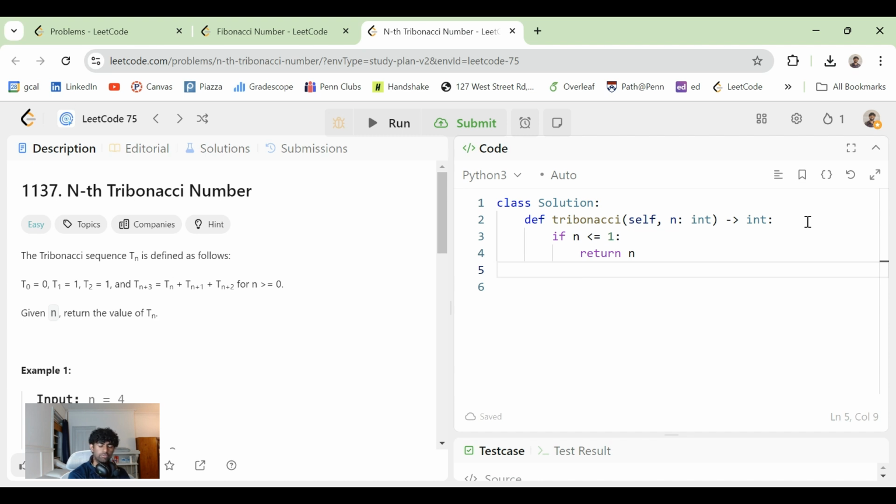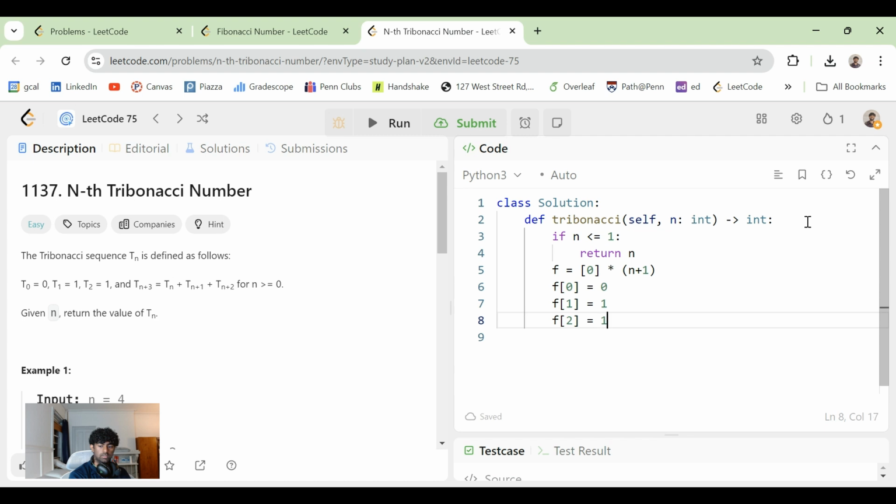Now instantiate an array to be 0 times the len. Nope. Let's just do n plus 1. Keep it simple. And let's go ahead and instantiate f of 0 to be 0, f of 1 to be equal to 1, f of 2 to be equal to 1.